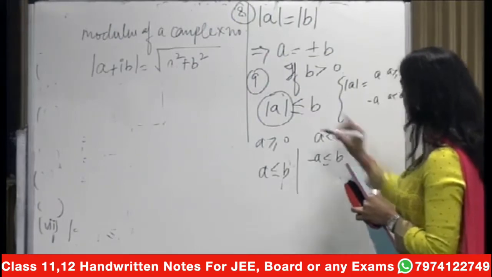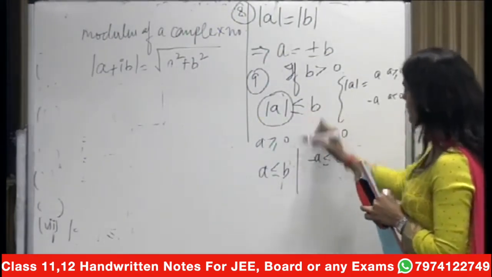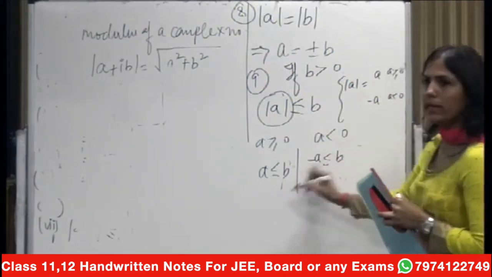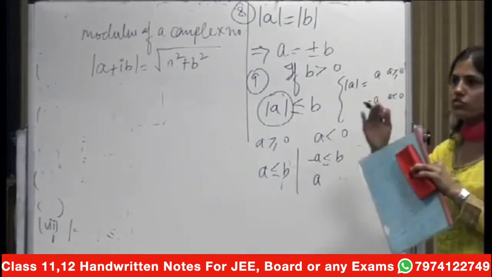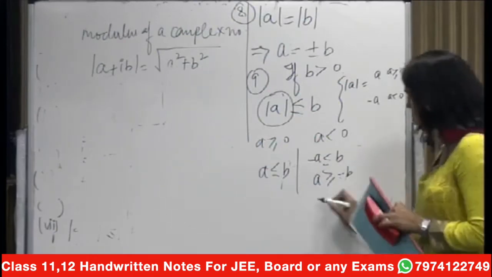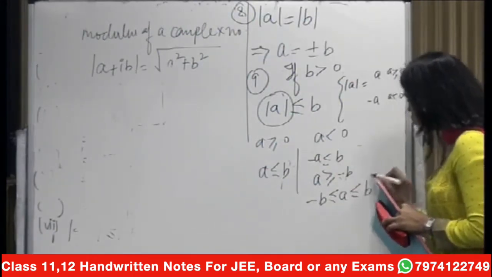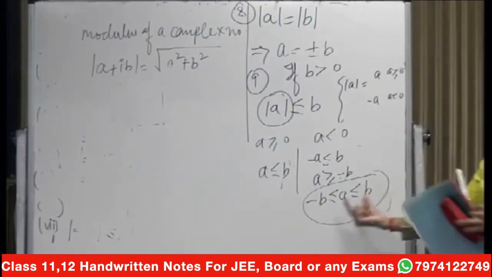So such an inequality you will say the solution is, now, if you multiply an inequality by minus, then the inequality gets reversed. So now combine: minus b less than or equal to a less than or equal to b. This is basically the solution.